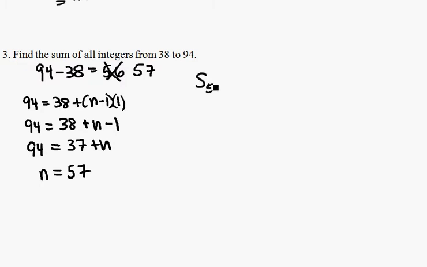So the sum of 57 terms is equal to 57 divided by 2 times the first plus the last, which is just the two numbers we're working with. And if we just plug that into a calculator without wasting a lot of time, times 38 plus 94 gives me 3762.